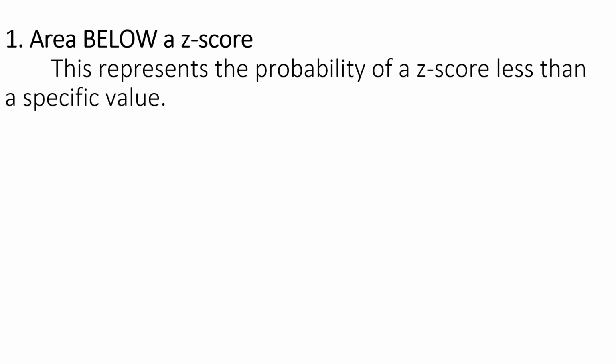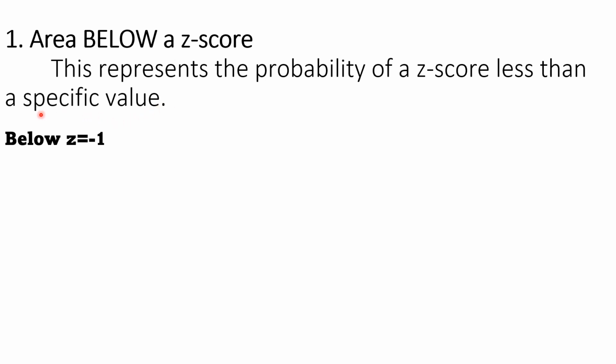So let's have an example. The first example is below -1. We saw the word below, and therefore that is under case 1. So the probability notation should have the symbol less than. Also, the areas below a z-score represent the probability of a z-score less than a specific value.